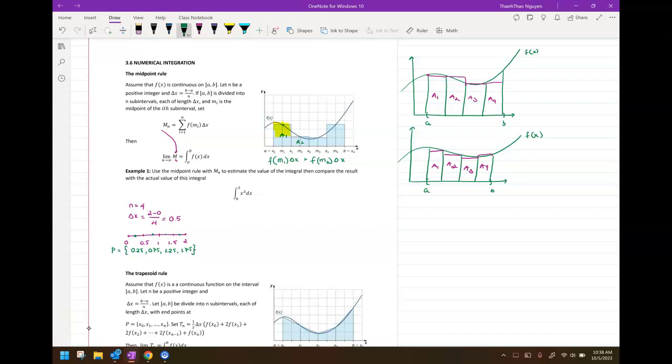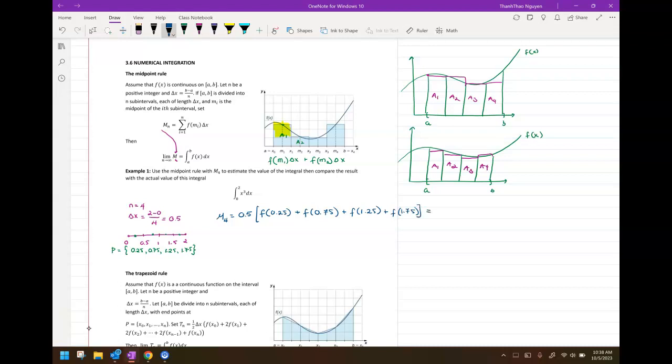Okay. So M sub 4 is equal to delta x, that is 0.5, times f of 0.25 plus f of 0.75 plus f of 1.25 plus f of 1.75.